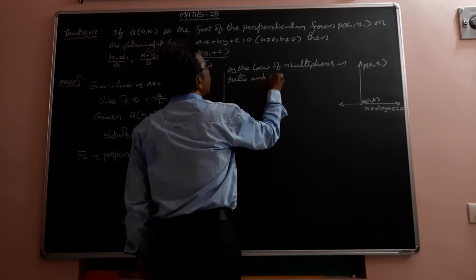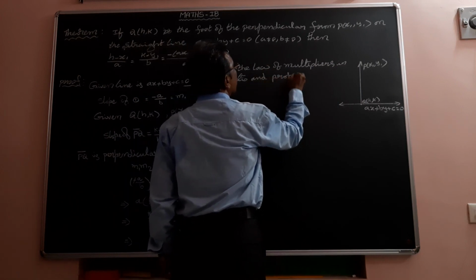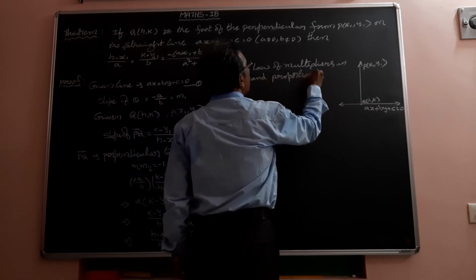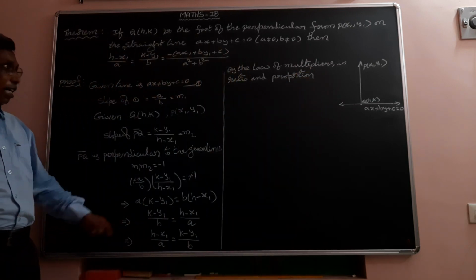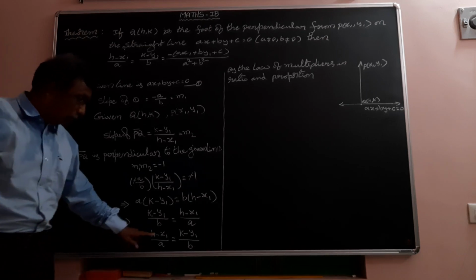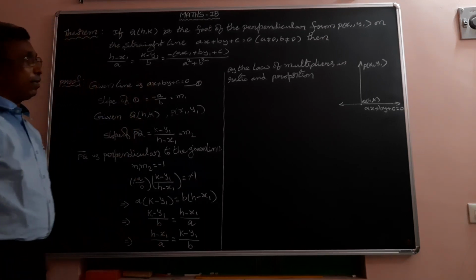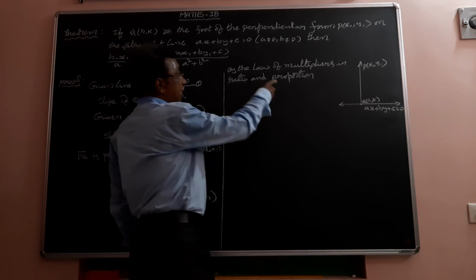By applying the law of ratio and proportion, by the law of multipliers in ratio and proportion. Now observe this one. How can we write the law of multipliers in ratio and proportion?